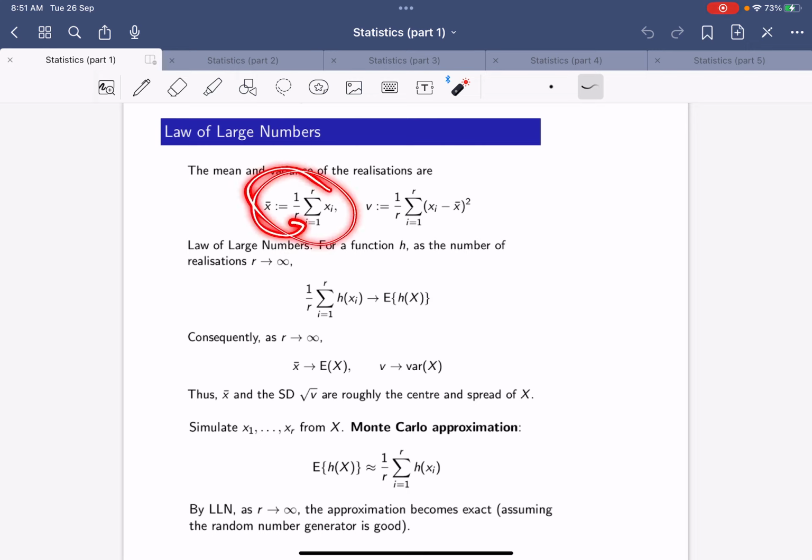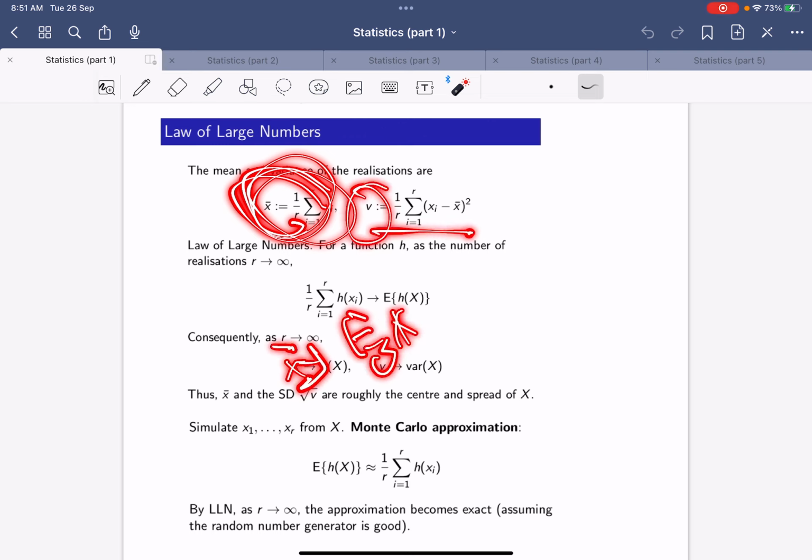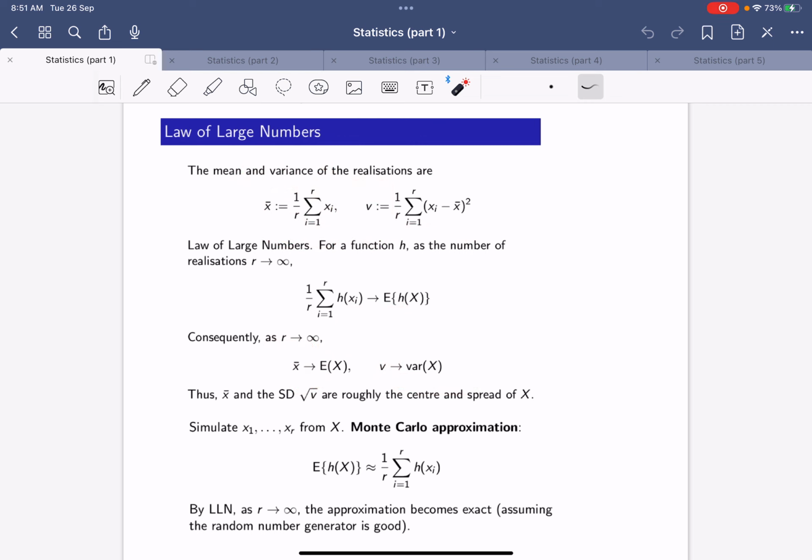So what does this mean? This means that x bar will approach Ex and v will approach variance of x. So you can use x bar and square root of v as a rough estimation of the center and spread of x once you have enough realizations.